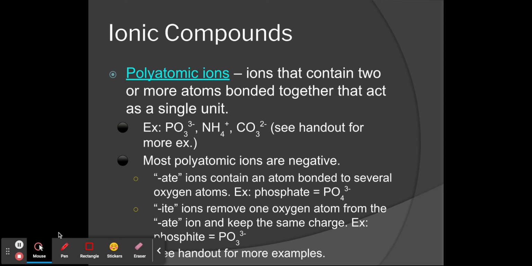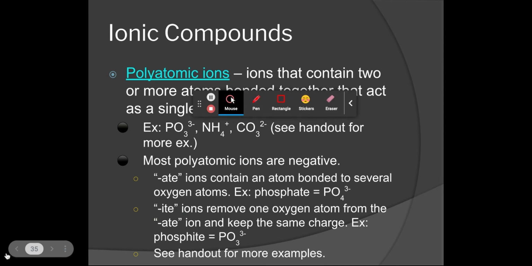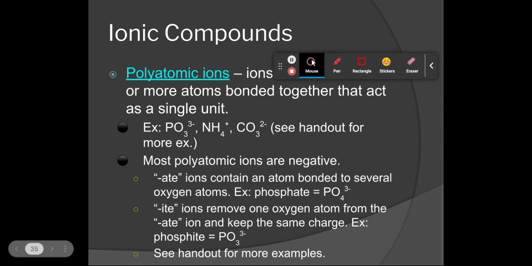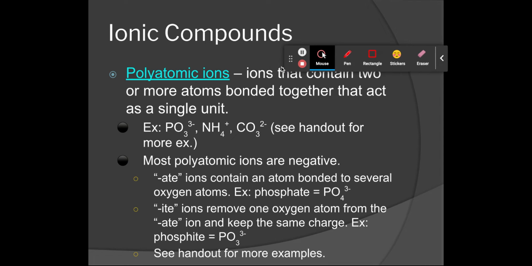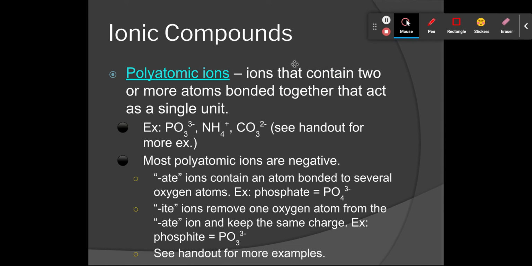Most polyatomic ions are negative. Okay. The -ate ions contain an atom bonded to several oxygen atoms. So for example, phosphate is phosphorus bonded to 4 oxygen atoms.